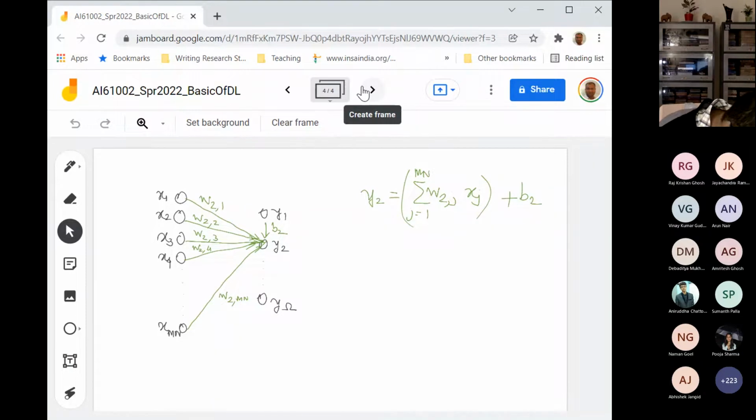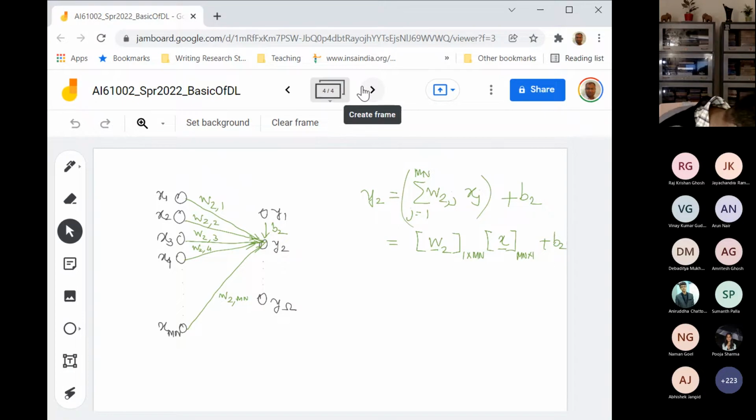Now this whole thing can also be written as the multiplication of this row matrix. A row matrix is something which has multiple columns and just one single row. So 1 cross mn, multiplied by x, which is a column matrix, mn cross 1, plus b2.